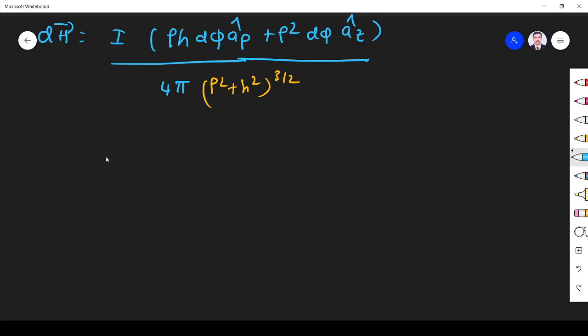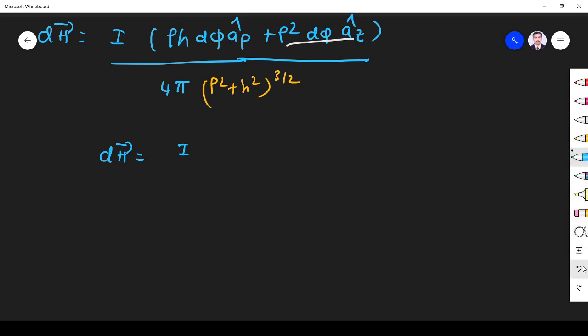So we know our magnetic field has only the z component and the rho component is 0. So this part will be cancelled. So our rho component is 0, right?